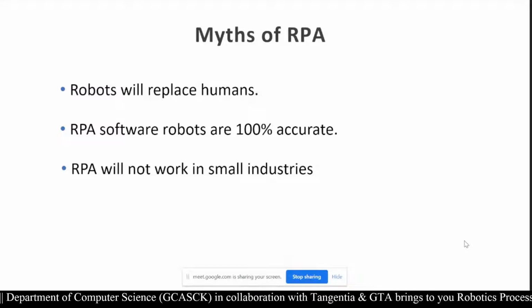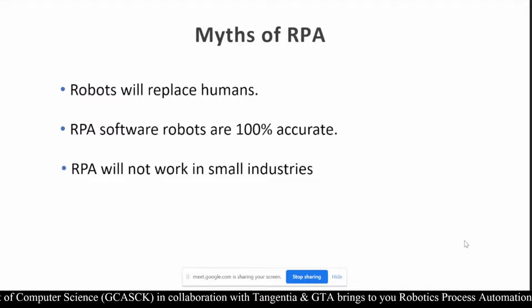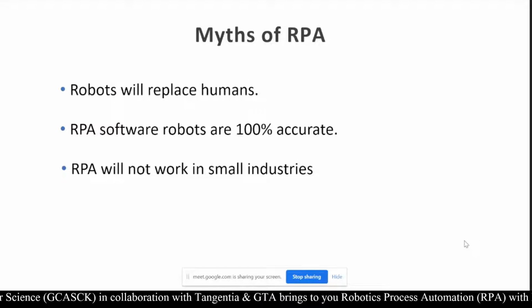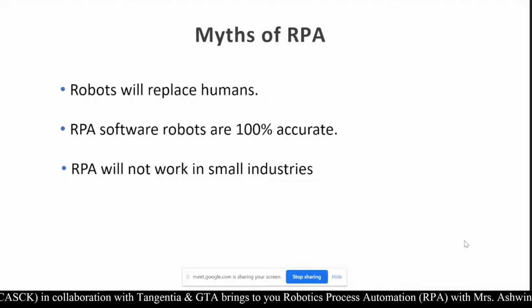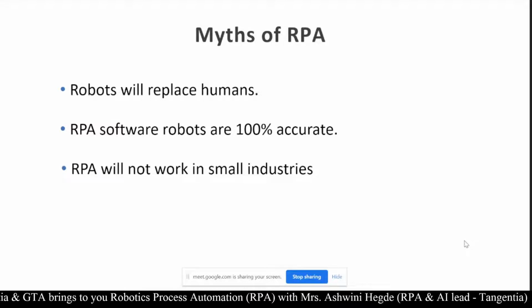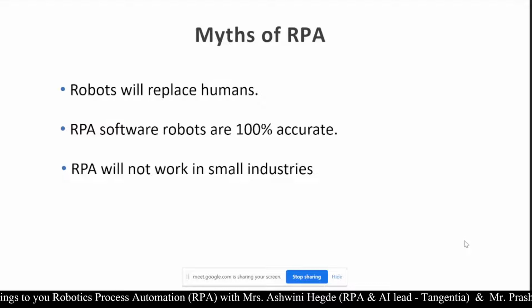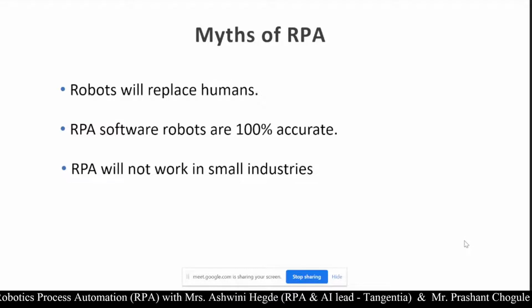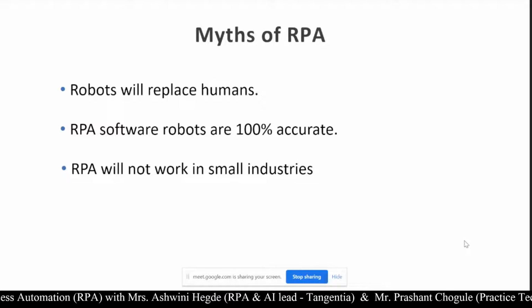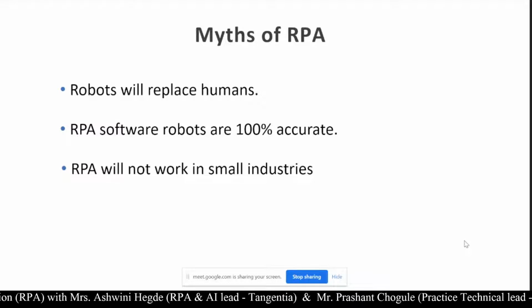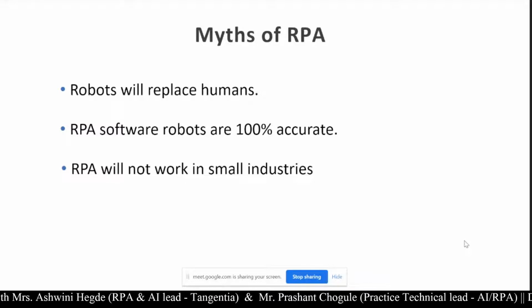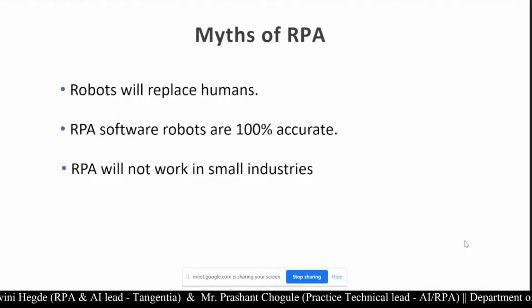But yes, they can replace us where there is a huge volume of tasks and where accuracy is needed. Where there is decision making, where at the moment you have to take a decision, the bots cannot do that job. So it is only the humans who can do that job.